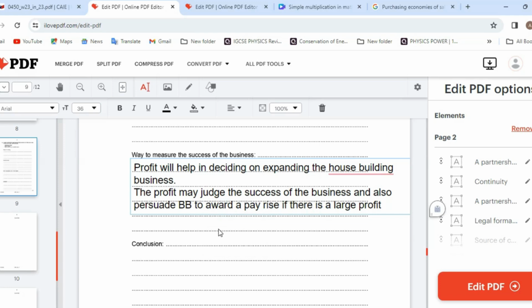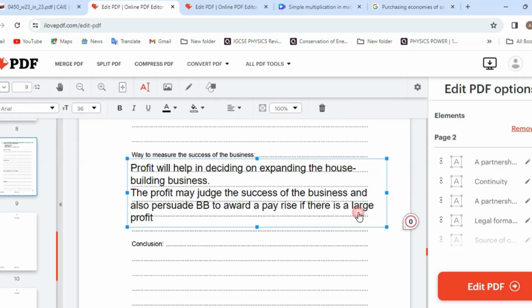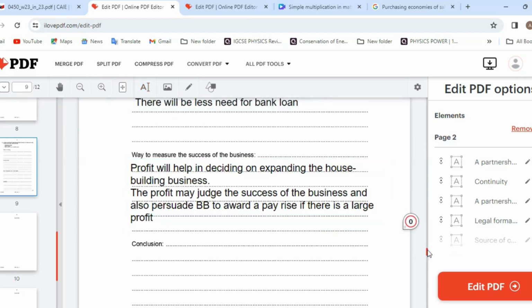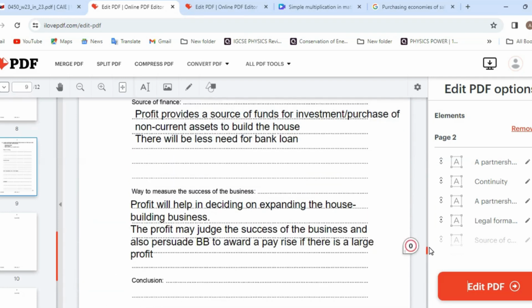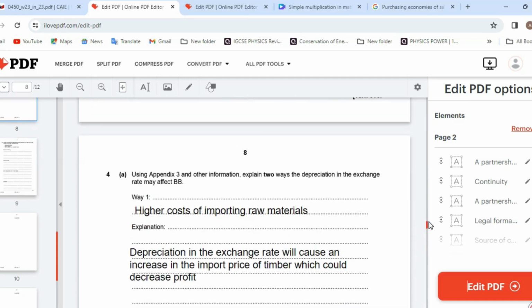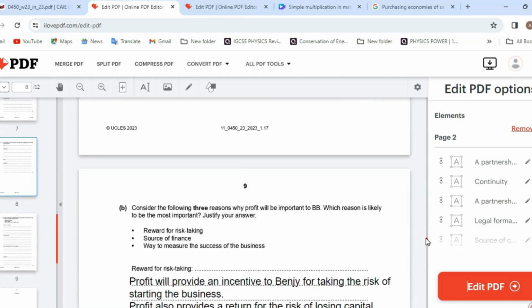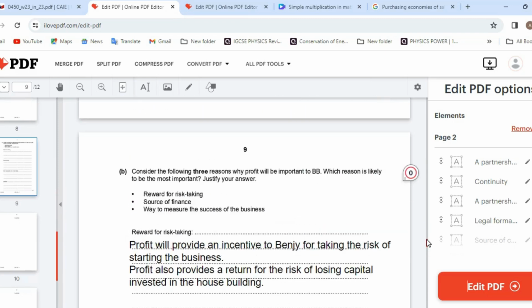Now, what can you choose out of these three points and justify your answer based on it? Is it the reward for risk taking? Is it as a source of finance? Or is it a way to measure the success of the business? Of course, the three are correct, but you have to pick one and justify your answer based on your point.